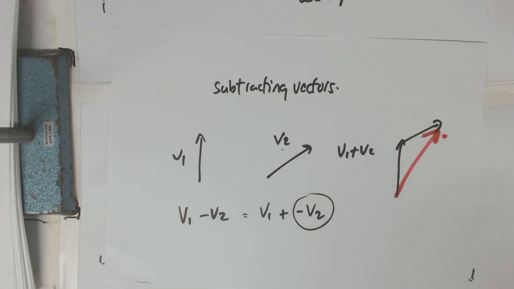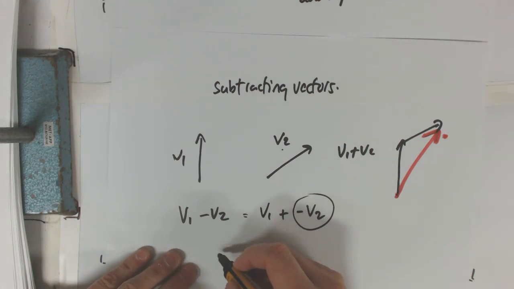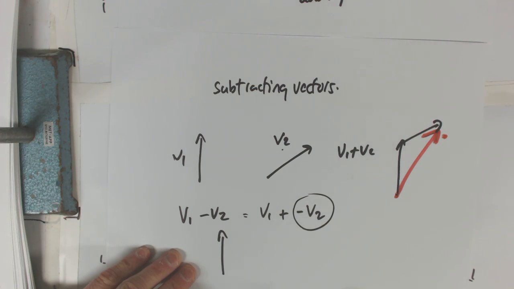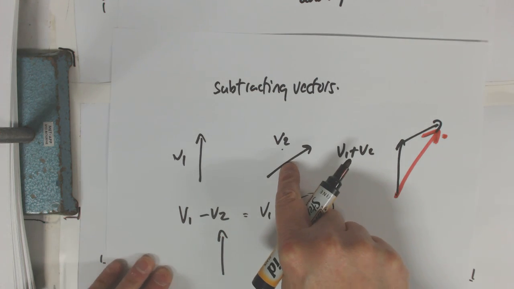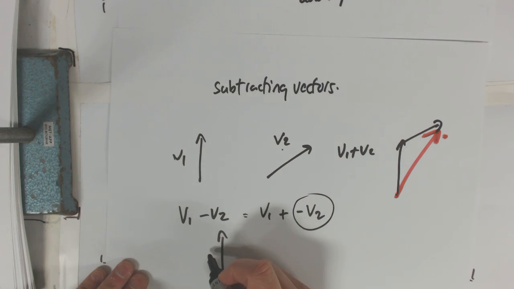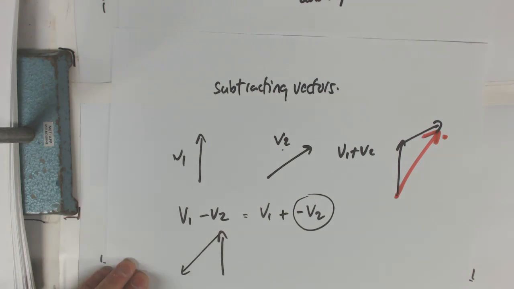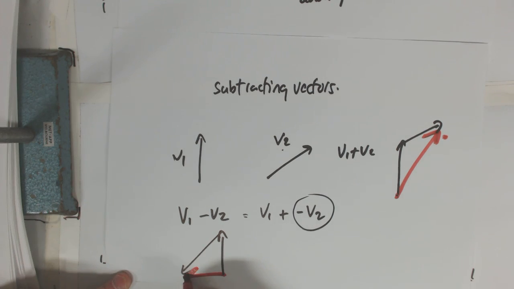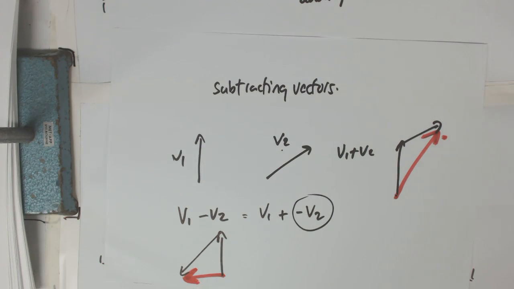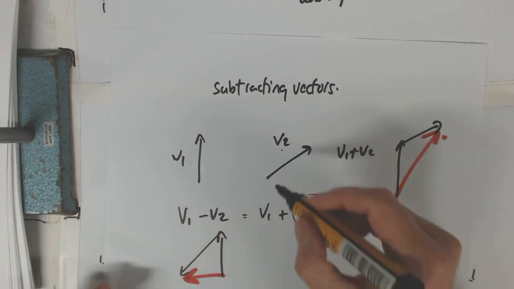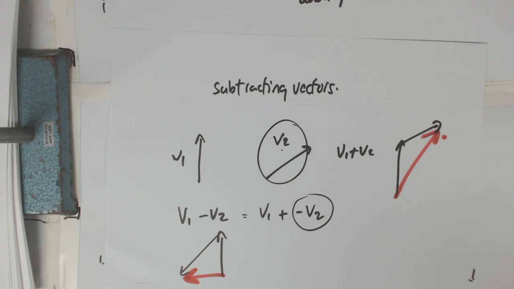So when we look at that, what we do is we go, okay, v1 minus v2 is v2 but with the arrow on the other end. So we'd have to add it like this. So v1 minus v2 would give you this as an answer. So subtracting vectors, you just add the negative, and the negative of v2 is to have the little arrow on the other end.